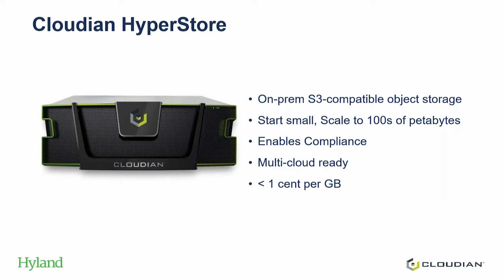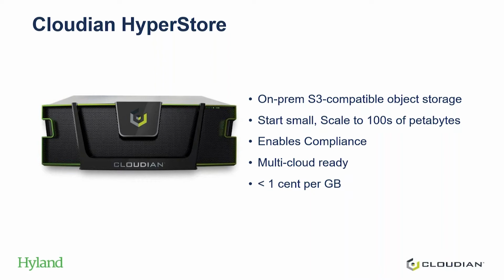So on this slide, just showing you the Cloudian appliance. Cloudian is actually a software-defined storage company, but the software runs, of course, in an appliance here that is on-prem. As I mentioned, this is fully S3 compatible. The nice thing about this is it starts quite small.